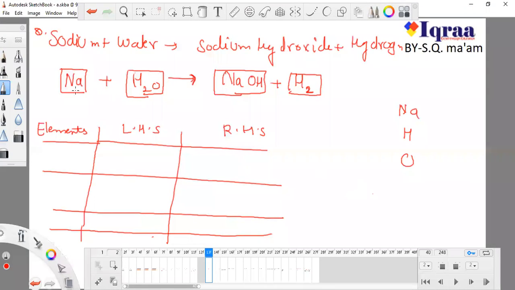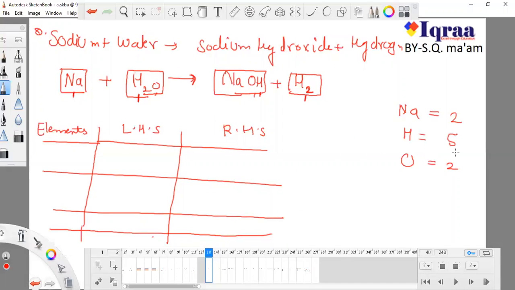Here sodium is 1 and sodium is 1, so total sodium is 2. Hydrogen is 2 here, 1 here, and again 2 here, so total hydrogen is 5. Oxygen is 1 here and 1 here, so oxygen is 2.